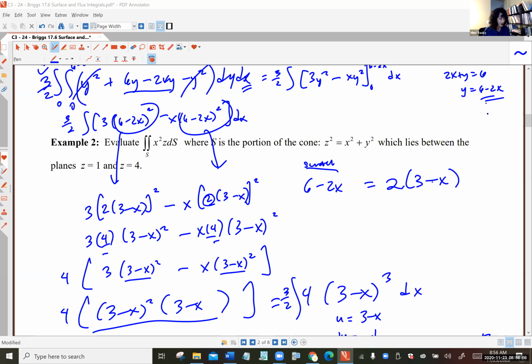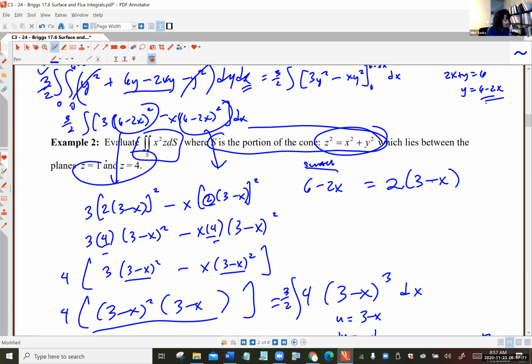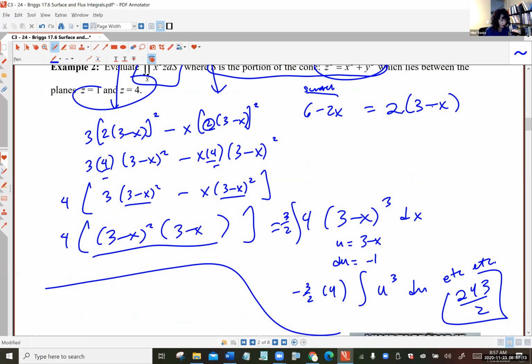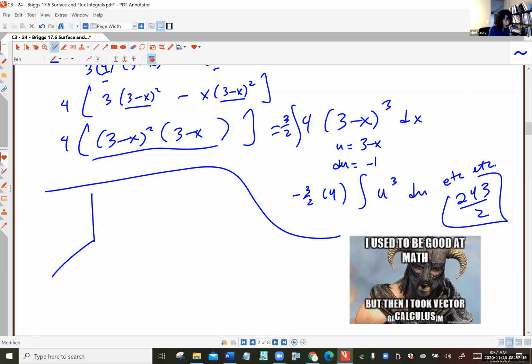Okay. So we're going to evaluate this surface integral for example 2, x squared z dS, where S, the capping surface, is the portion of this cone, z squared equals x squared plus y squared, which lies between the planes z equals 1 and z equals 4. I'm going to actually draw that first. So the cone, if you go to GeoGebra or whatever, is a double-napped cone.